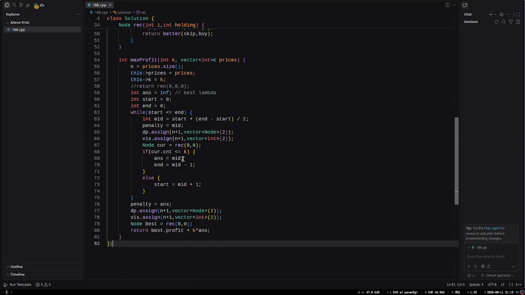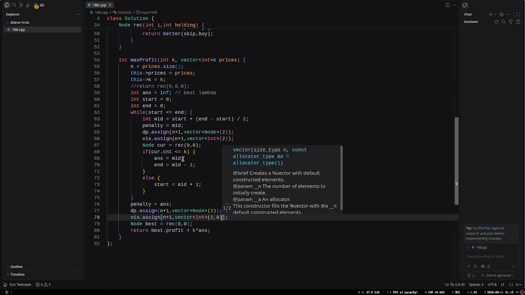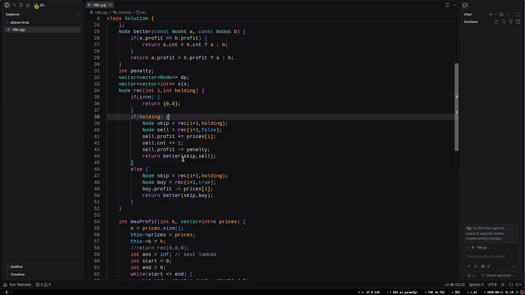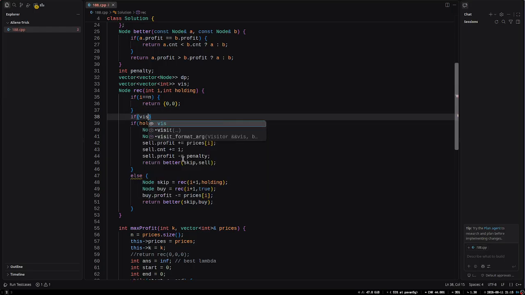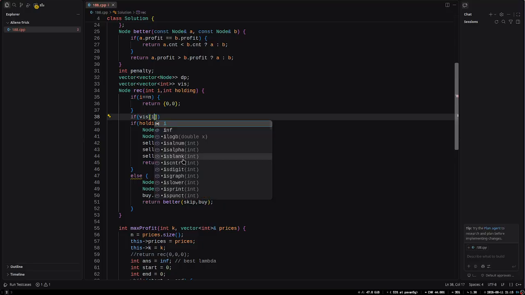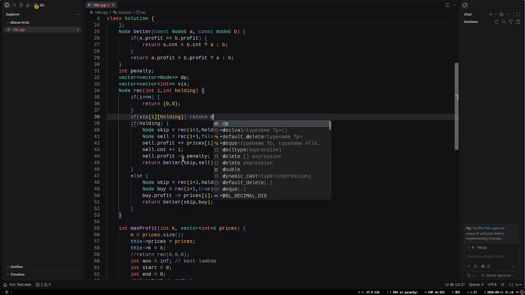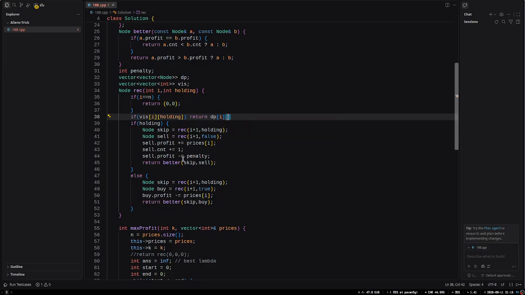Initially nothing is visited. Using this visited array you can check the DP cases: if it's a visited state, if visited of i and holding, then return dp of i and holding.